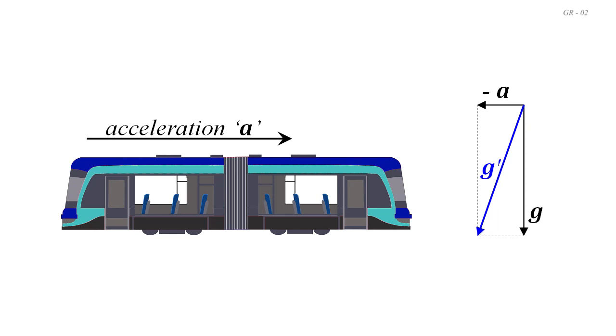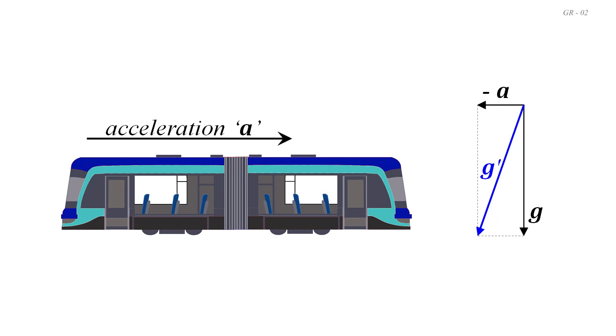Clearly the new g dashed is bigger than the old g, and so the result of the experiment in the blue accelerating frame will be different to that in the red rest frame. It will give a bigger value of g or g dashed, the acceleration due to gravity. The physics seems, at least on the face of it, to have changed.